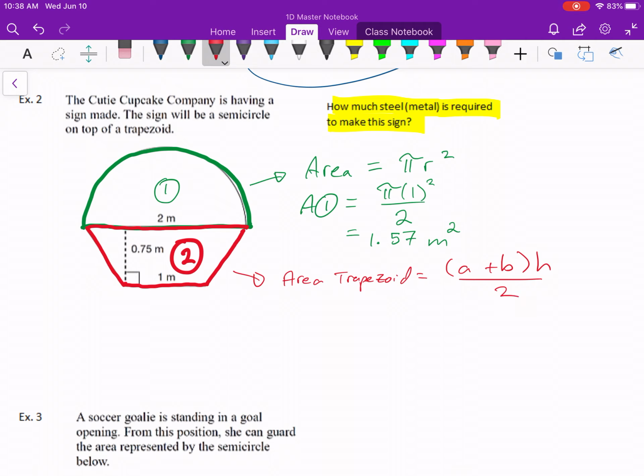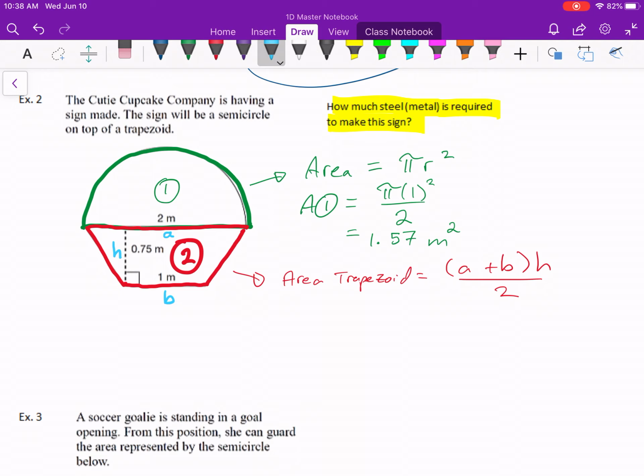And A, B, and H are these things here. A and B are just the two parallel sides. So we could call this side A and this side B. It doesn't really matter, I could switch that around. H is the perpendicular distance between the two. So that's H there. And it doesn't matter which way you turn things.